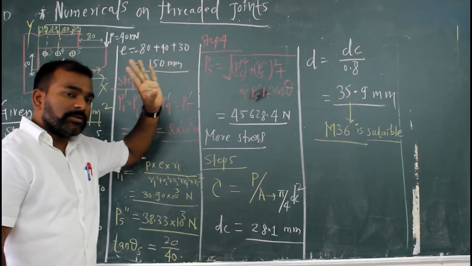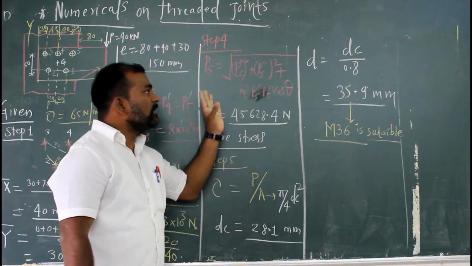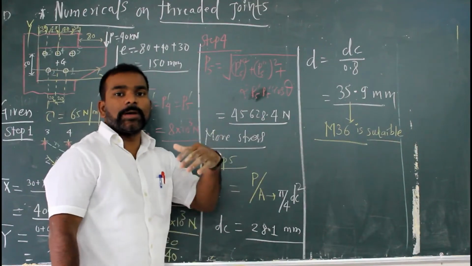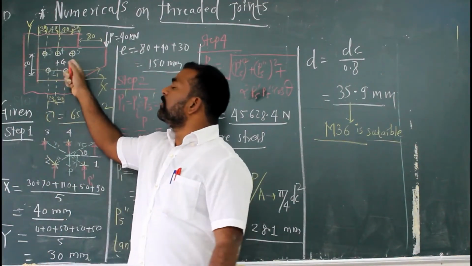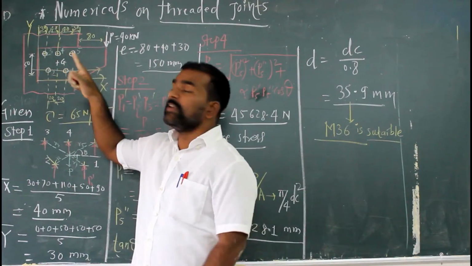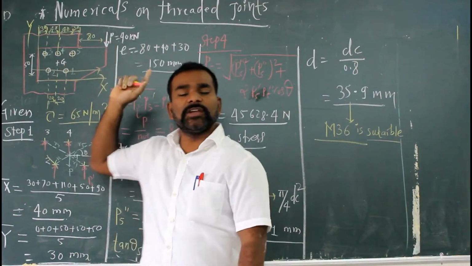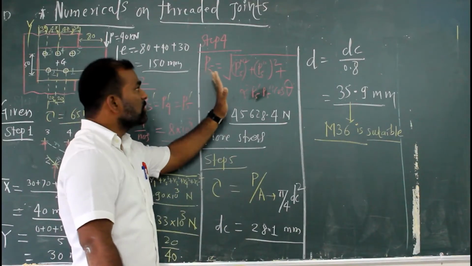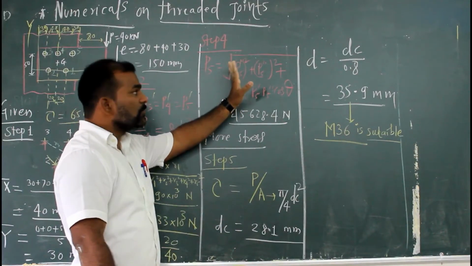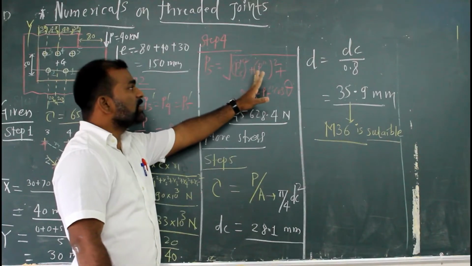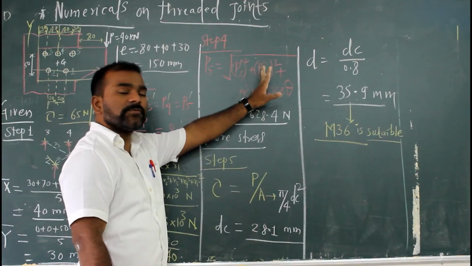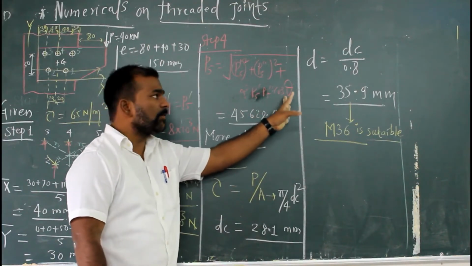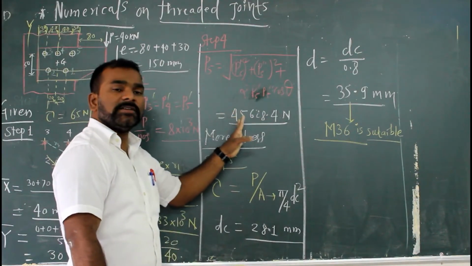It is not required to calculate the resultant of each bolt. As I told you, the bolt which is nearer to the load applied, as in this case the fifth bolt as per my indication, is having more stress, so we can design for that. P5 resultant is equal to the square root of primary force square plus secondary force square plus twice the primary force into secondary force into cos of theta. In this way we can calculate the resultant.